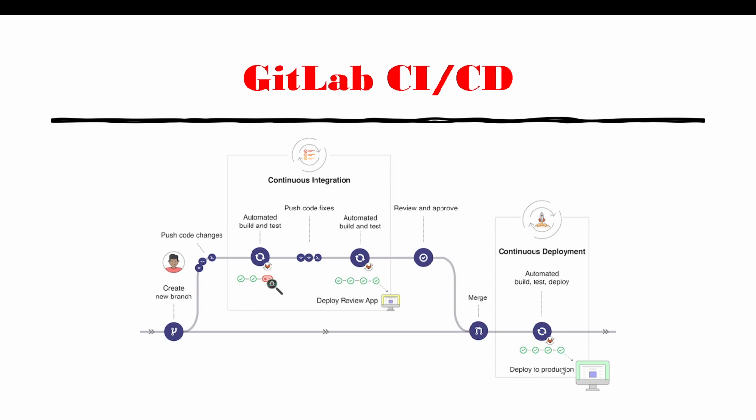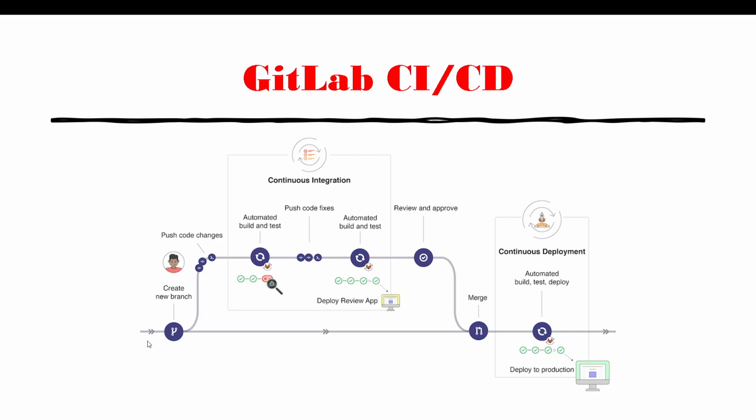The deployment is done to the respective environment, depending on the branch that we are merging. It can be the development environment, testing environment, or the production environment. So that's how this whole CI/CD flow looks.